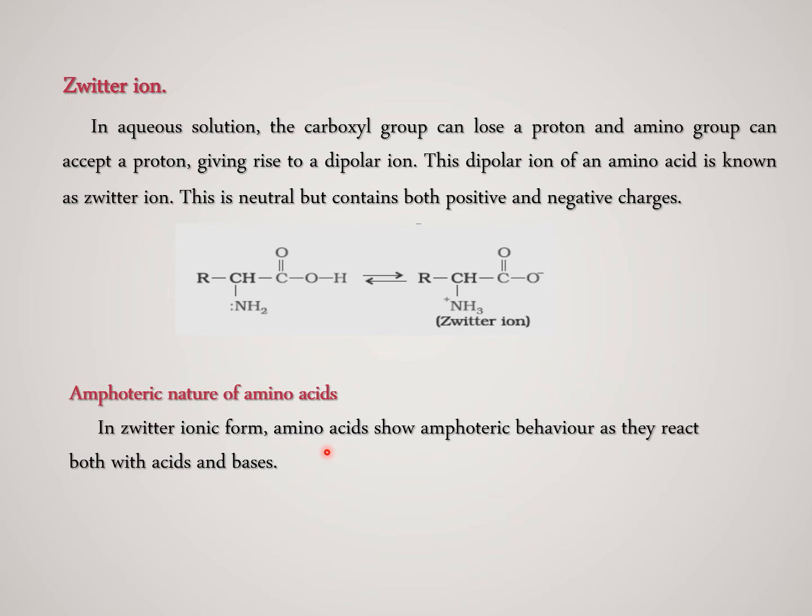The amino acids can react with acids as well as bases. Whenever we talk about any amphoteric substance, it is a substance capable of reacting with both acid as well as base, which is done by the zwitterion form of the amino acid. Hence, we call it amphoteric in nature.